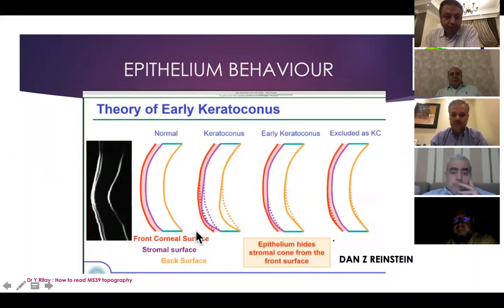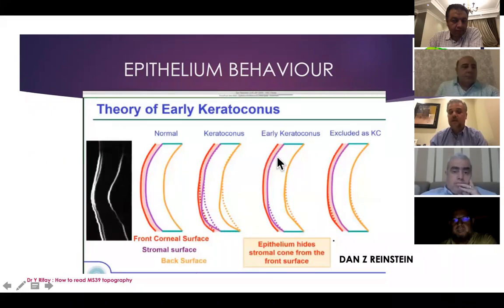In this case, what we have seen now is an irregularity in the Pentacam, but there is a thinning in the epithelium, and this is real keratoconus. And here the Pentacam is normal, but there is a thinning in the epithelium and there is a keratoconus. This is a case of early keratoconus where we can have a normal Pentacam.